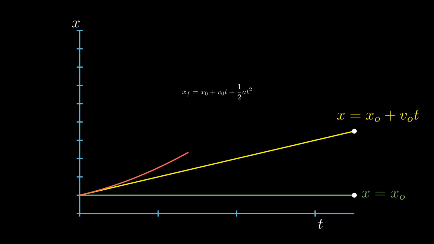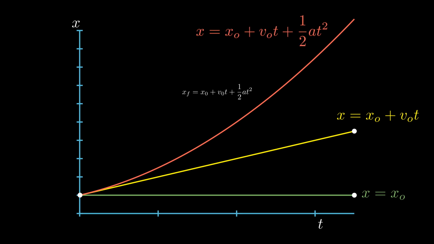Now, when we add a constant acceleration to our object, like gravity for instance, the position starts changing at a faster and faster rate as time passes, because our velocity is now changing due to the acceleration. The further up on this graph the object is, the further it has traveled in a given time. Just an interesting way to visualize how velocity and acceleration can affect the motion of an object.